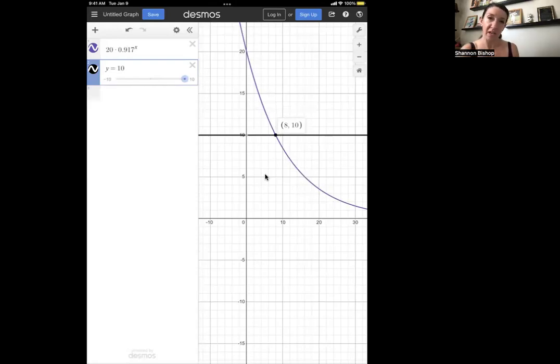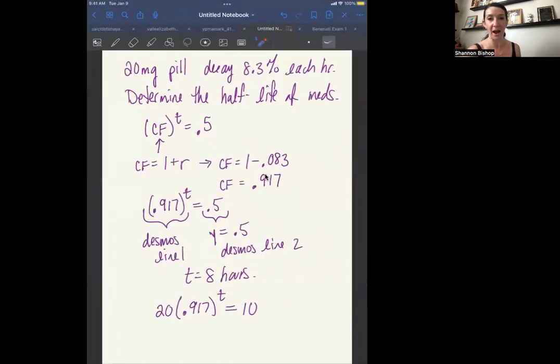So if you have the initial value, you can incorporate it. But one of the cool takeaways is you don't have to. You could totally be asked to find a half-life without even knowing the initial value. Notice there is no initial value in the skeleton.